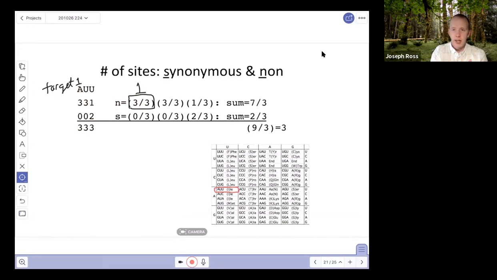If A changes to T, it's non-synonymous, changes to C is non-synonymous, changes to G is non-synonymous. So 3 out of 3 possible mutations at the first position are non-synonymous.